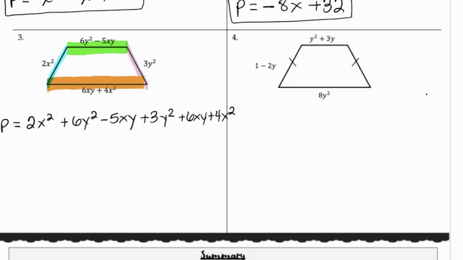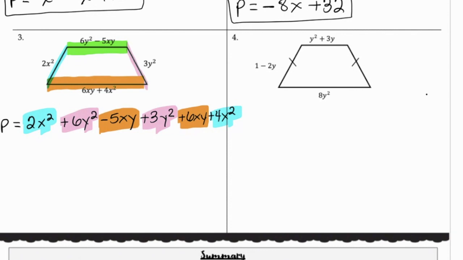I am going to identify my like terms. So I have x squared here and an x squared here. I have positive 6y squared, positive 3y squared, and then I have negative xy and a positive 6xy. So they're exactly the same. So now I could combine these. For this one, there's no specific order because there's so many different variables here.